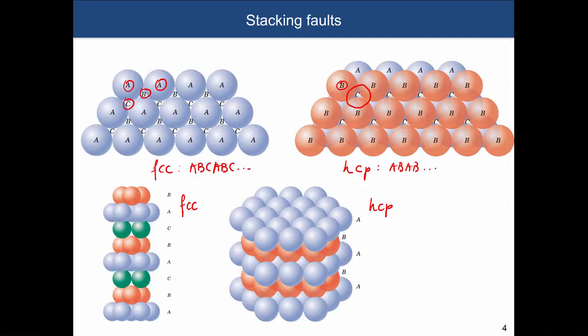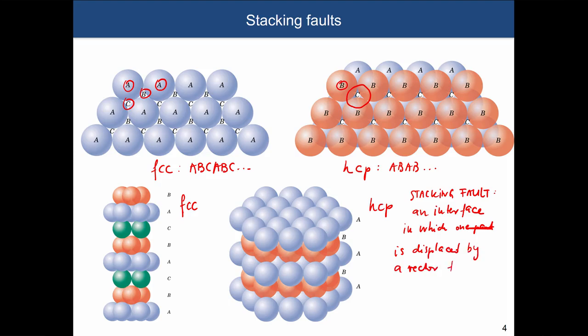So by the definition, then, the stacking fault will be an interface in which one part is displaced by a vector that is not, and this "not" is important, a translational symmetry vector.